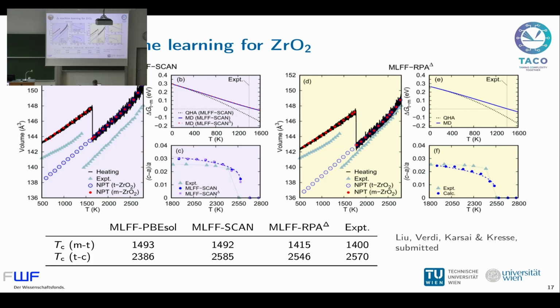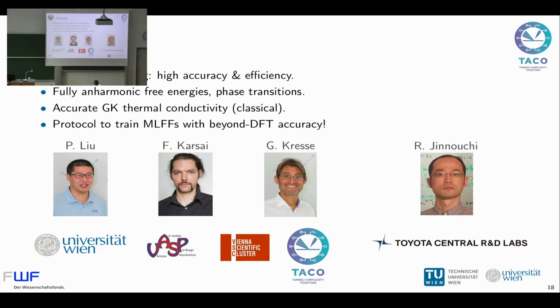These are the results. So you see that PBEsol is already quite great compared to experiment. SCAN is an improvement, and RPA again confirms the expectations that it's even more accurate. So this is the proof of concept, but also a nice result. So this is the summary of what I told you so far.